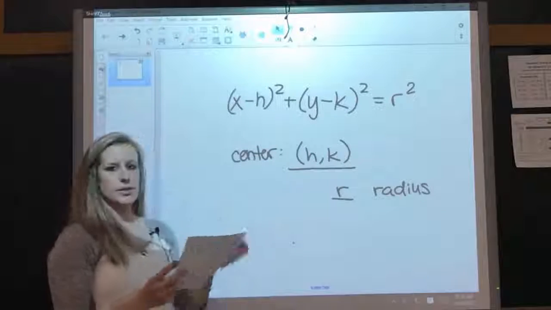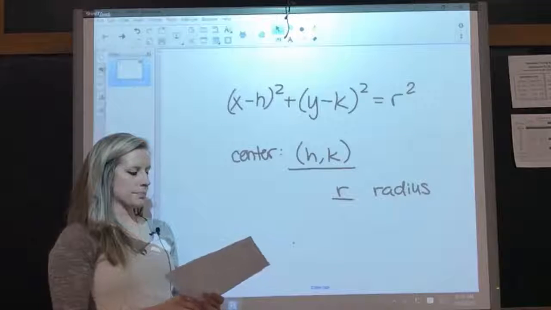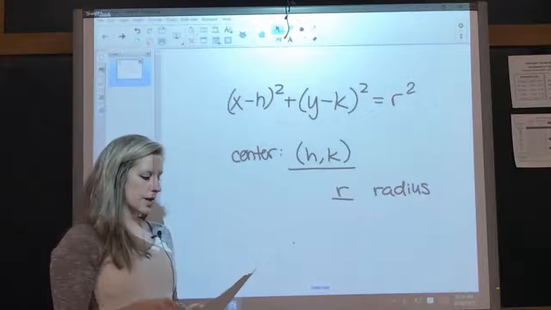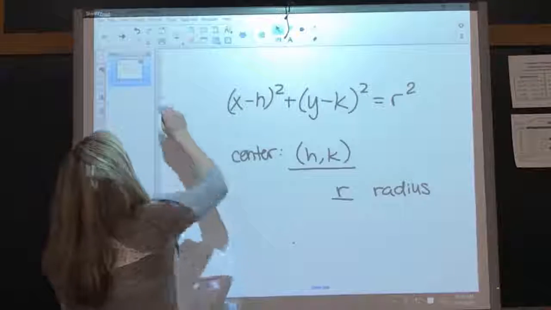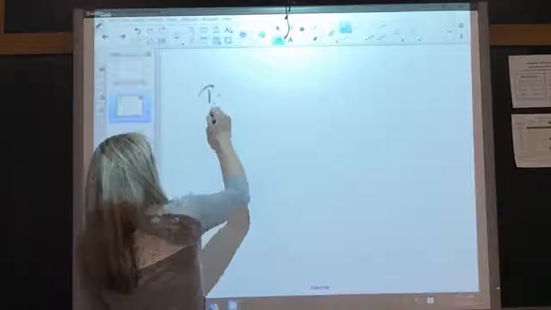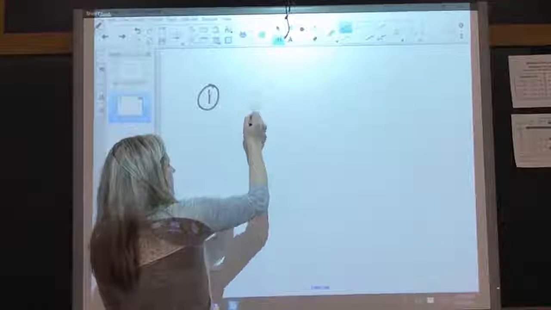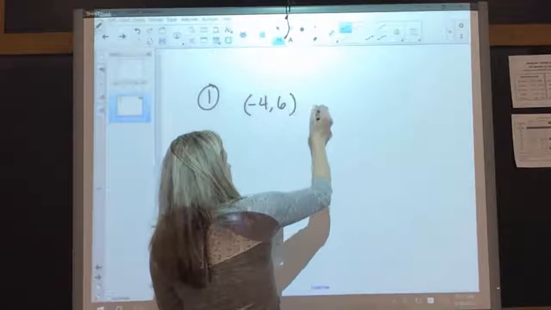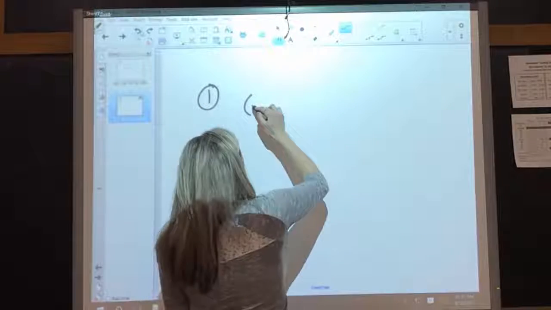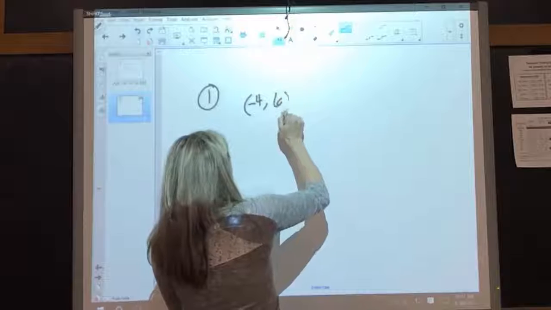All right, so let's go through some examples. There's 4 different types of problems you'll see where you have to write the equation for a circle. The first one, we did this yesterday, where you're given the center and the radius, and you have to figure out what the equation is.